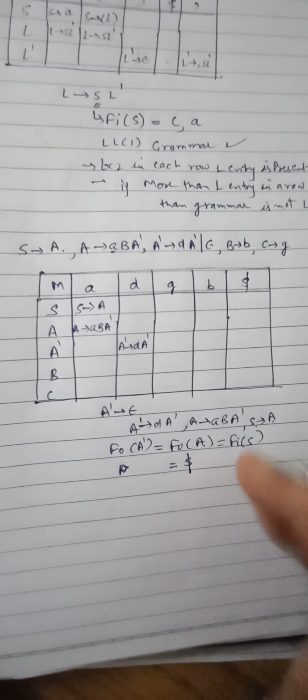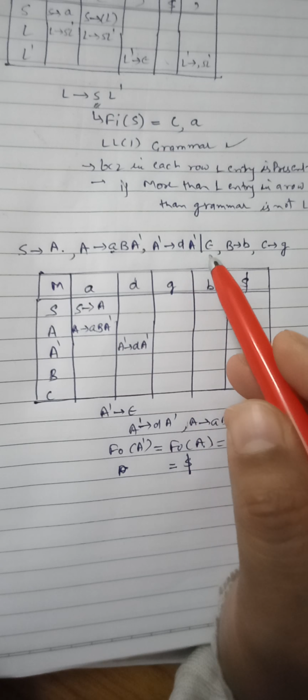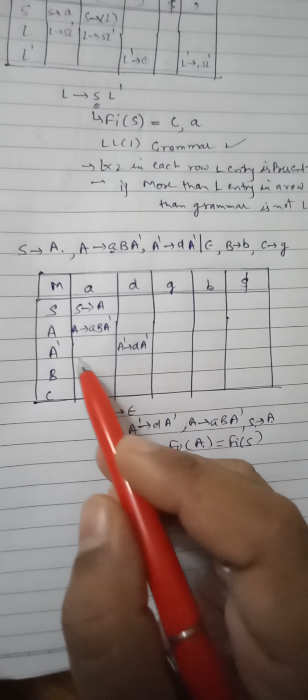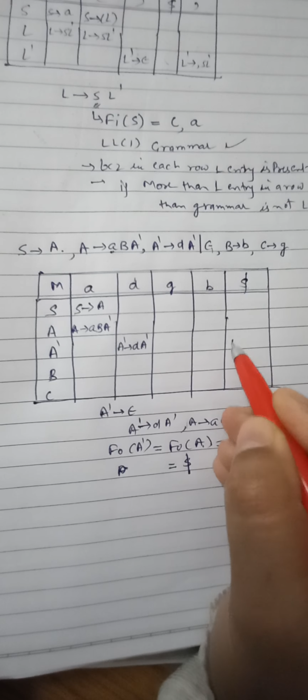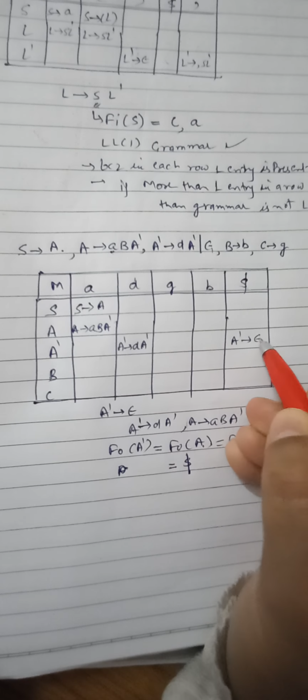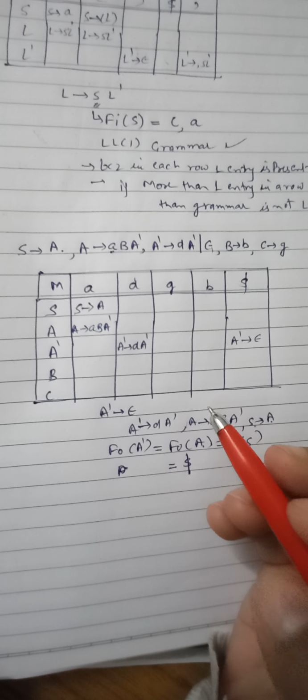So A dash tends to epsilon will go into the dollar column. Now what is left?